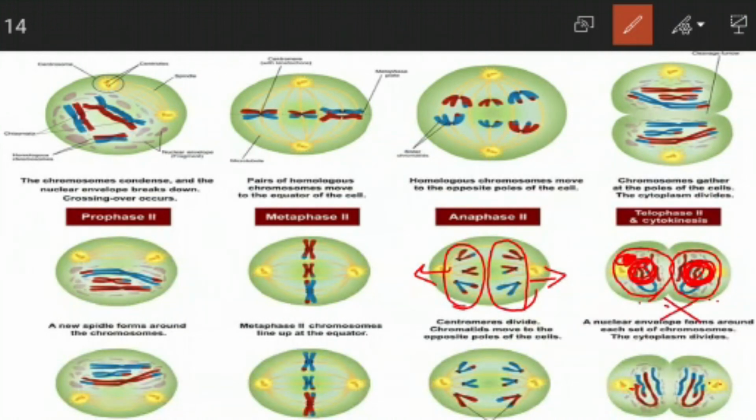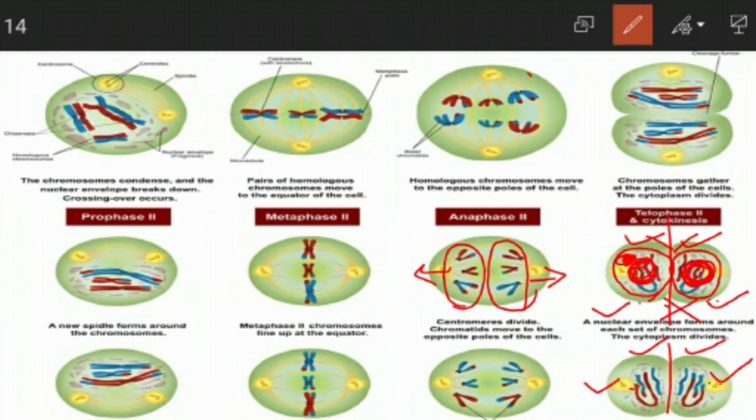So in this way karyokinesis took place, meaning from one nucleus, two nuclei are formed in both the cells. Then it is followed by cytokinesis. Cytokinesis means again furrowing takes place and from one cell, two daughter cells are formed. So in this way meiosis 2 is also completed.